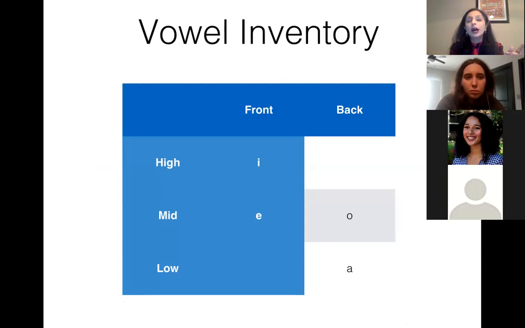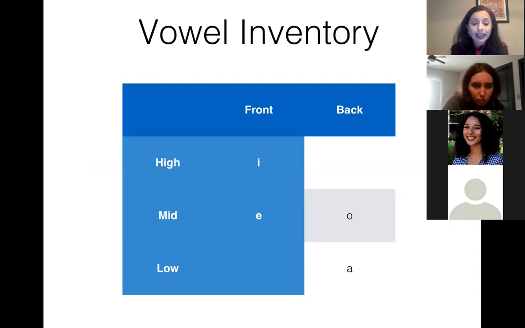So if you remember seeing your IPA chart, you can draw the vowel inventory in a 3D space, but you can also just have a chart like this, right? And it's completely fine if you just want to do this kind of a chart for your constructed language rather than draw the 3D space, whatever is easiest for you. So here there are 3 different heights and 2 different tongue positions.